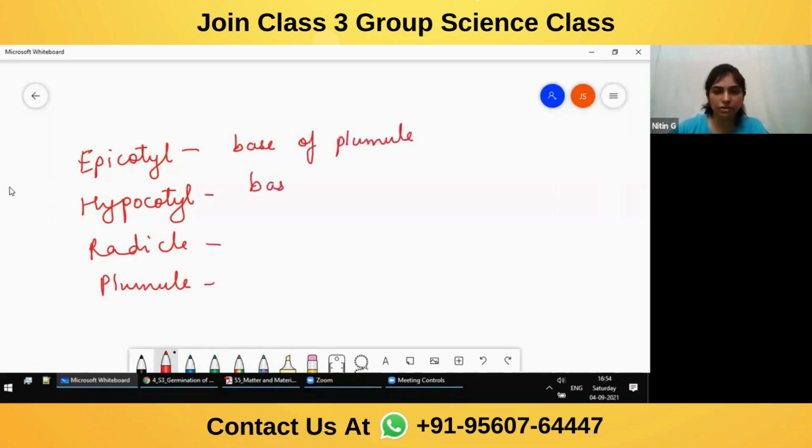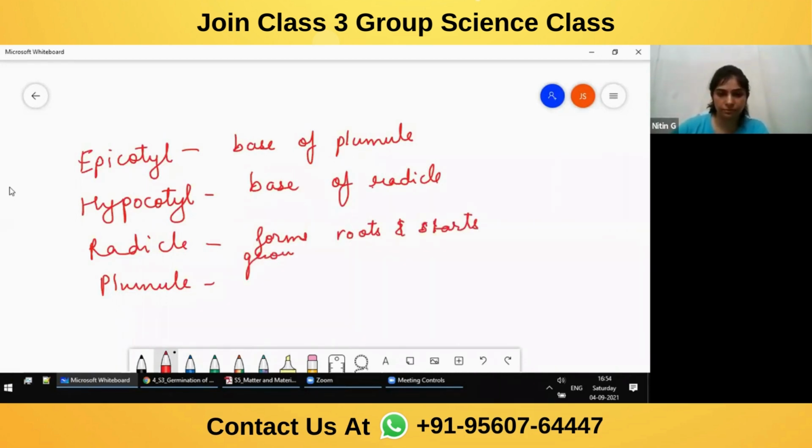Hypocotyle is the base of radicle. Radicle forms the root and starts growing downwards, whereas the plumule forms the shoot and starts growing upwards.